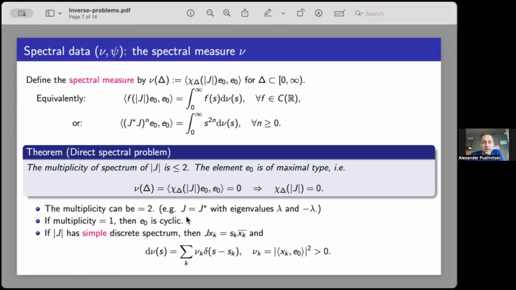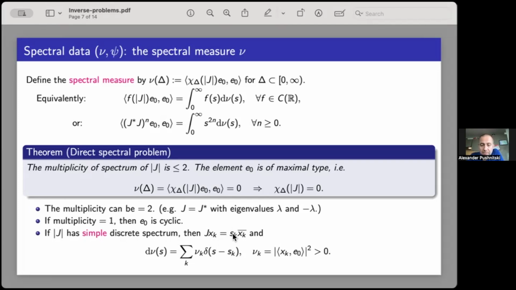Next thing to say is that I said E naught is of maximal type. It's a concept that maybe is not so obvious, but for example, if the multiplicity of the spectrum happens to be 1, then E naught is automatically cyclic. This condition automatically means cyclicity. And let's discuss what's going on if mod J has simple discrete spectrum. Then it's interesting that you have this kind of eigenvalue equation with a twist.